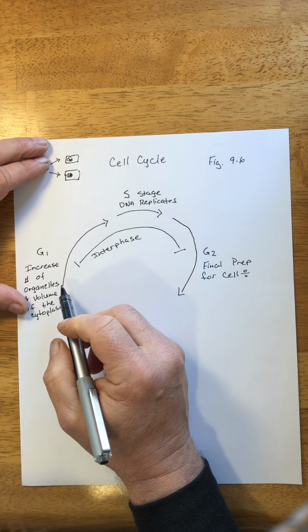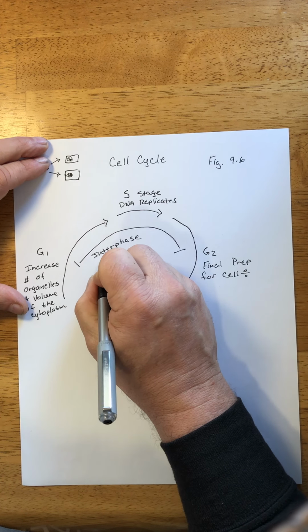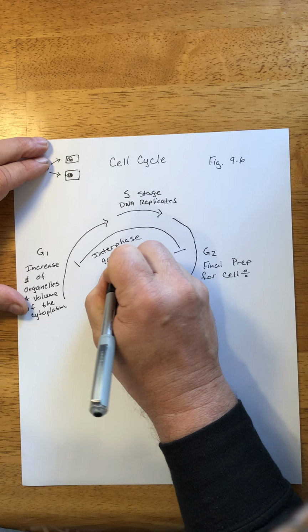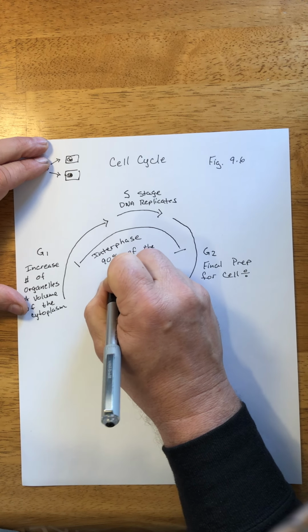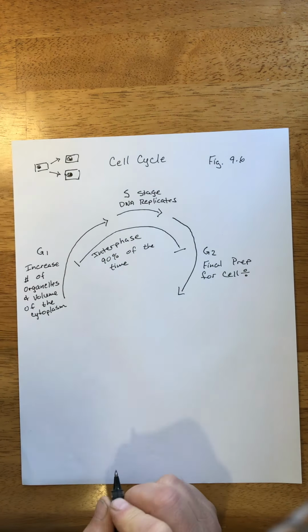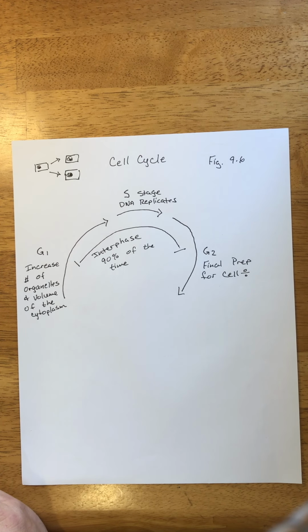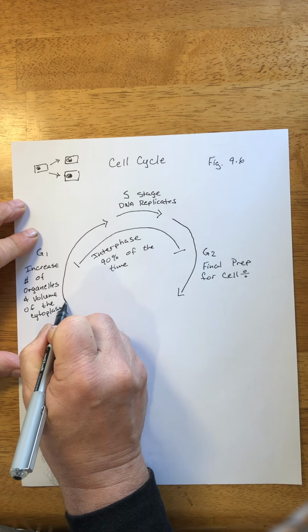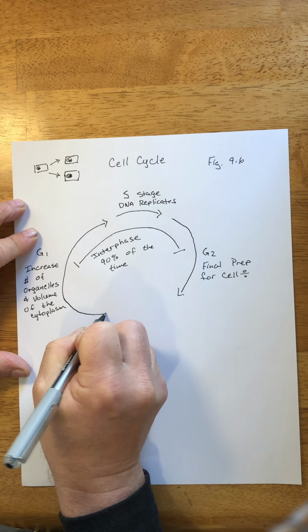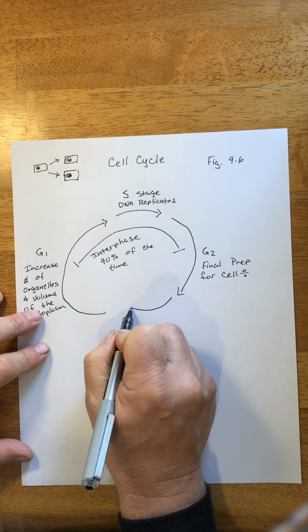So the first three stages, G1, S, and G2, all called interphase, takes about 90% of the time as we go through this process of cell division. So the vast majority of the time is actually spent in preparation for cell division, not actually dividing the cell. I'm going to bring this little loop around here and see if I can make this a little more of a circle for you.